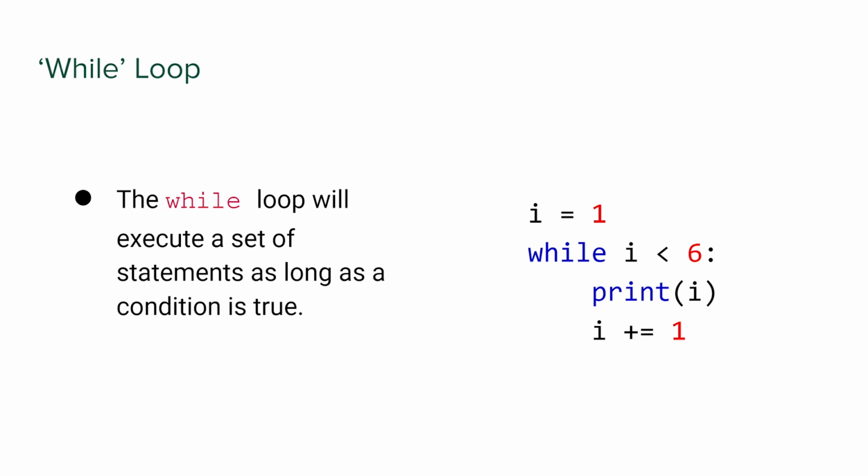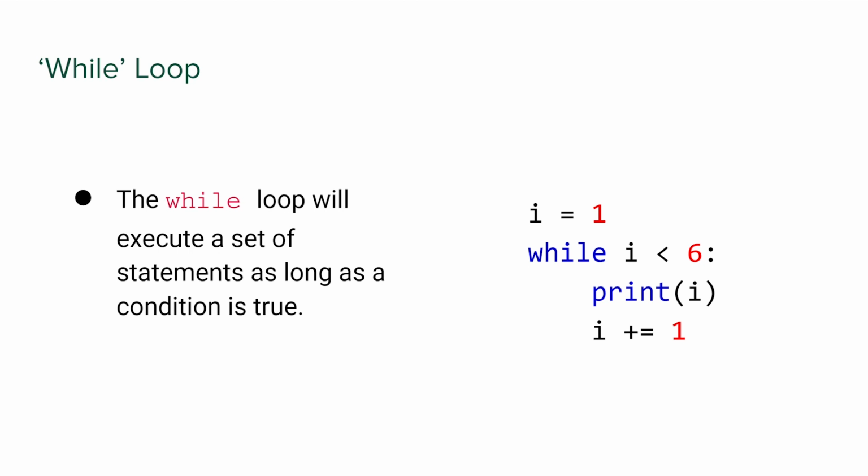But what that means is, because we're increasing the value by 1 each time we're printing the i value, eventually i will no longer be less than 6. In fact, it will be greater than 6 eventually. So we have 1, and it gets to 2, then 3 for the i value, and 4, then 5. Once it gets to 6, this is an interesting thing you have to keep in mind. It's then asking, well, is 6 less than 6?